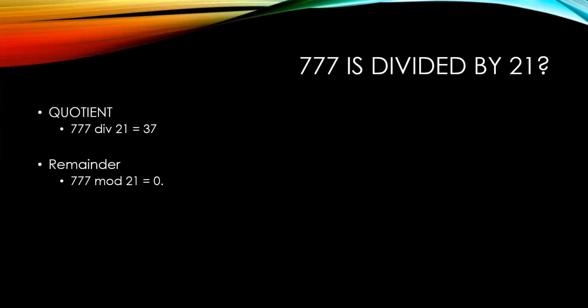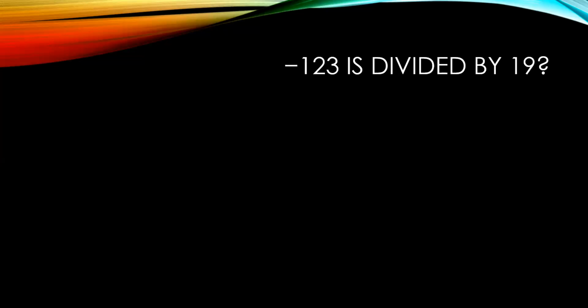So 21 is a factor of 777. Now let's move on with the third. Negative 123 is divided by 19. So again, we're going to use the division algorithm, wherein negative 123 is equal to 19q plus r. Using div, the result for the quotient is negative 6.